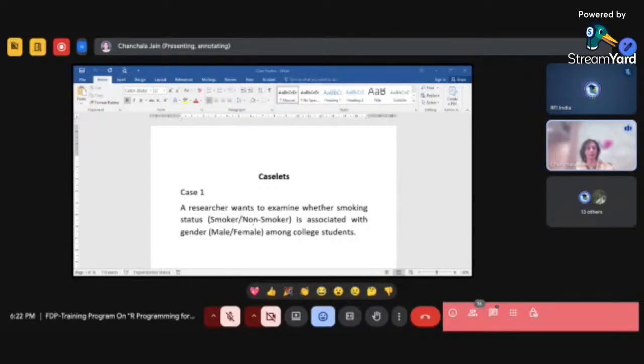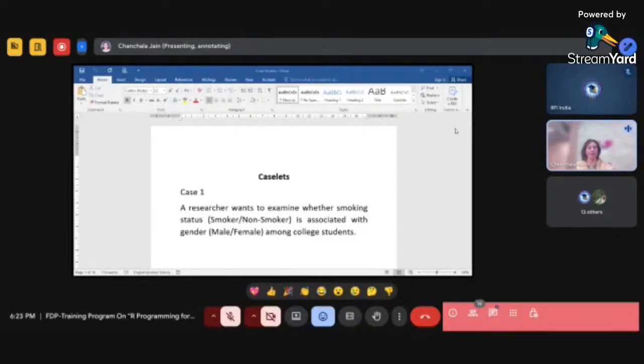Any other answer from your side? Is everyone okay with correlation?